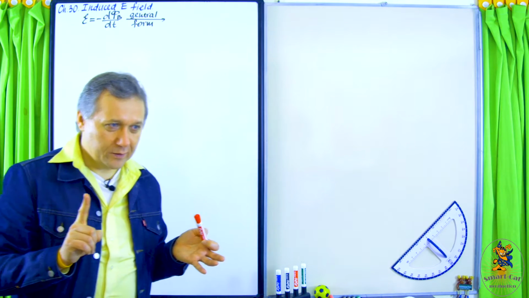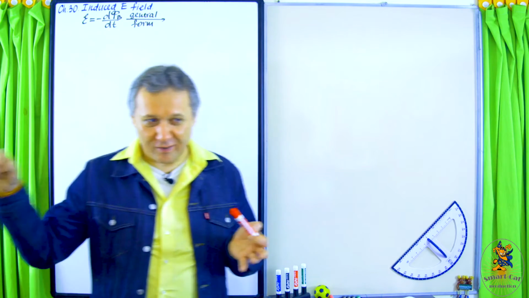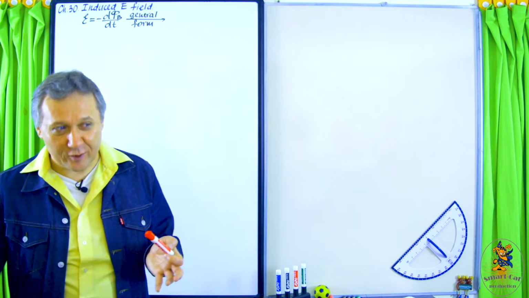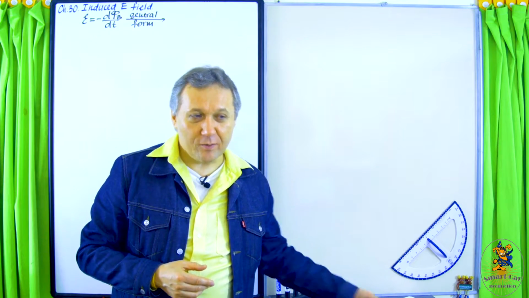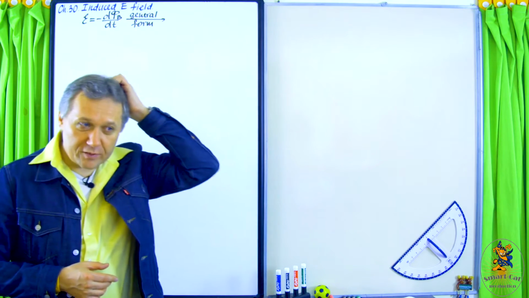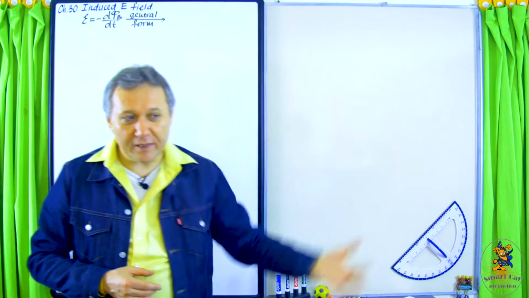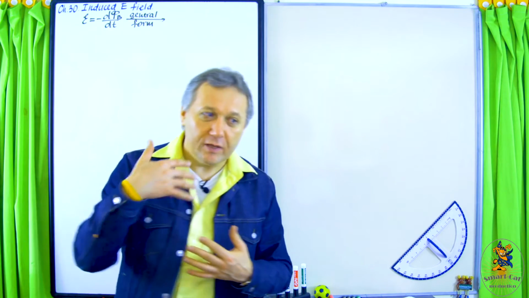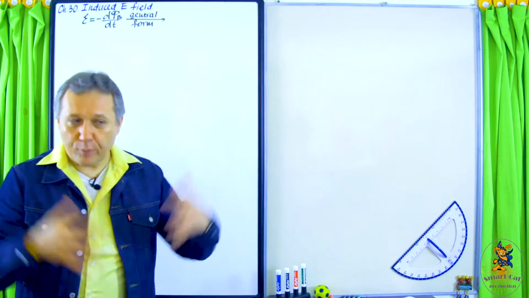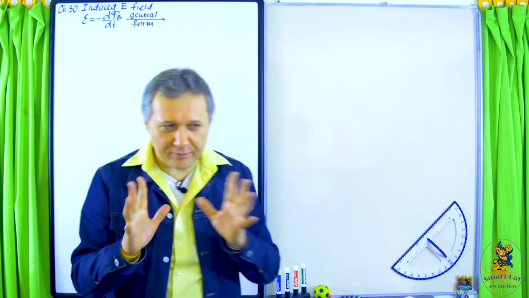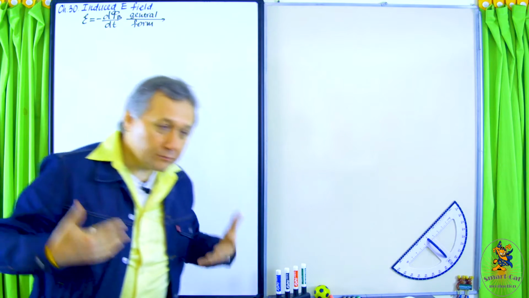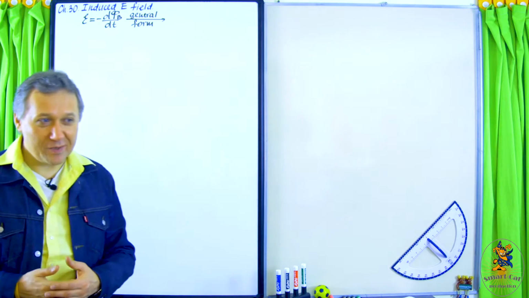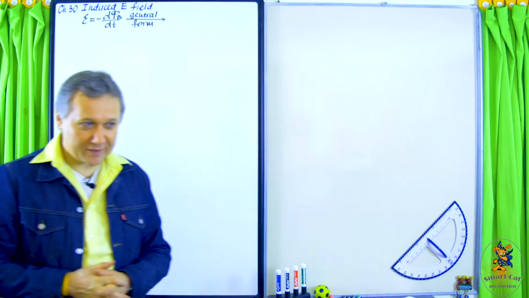Now we introduced a new type of electric field. At the beginning of the semester, we had the Coulomb electric field, and now we're introducing the induced electric field. They're both electric fields, but they have slightly different properties. That's how we bring this new type of electric field into our game.